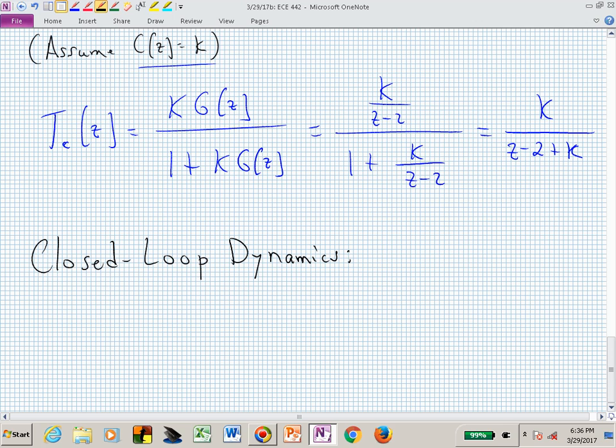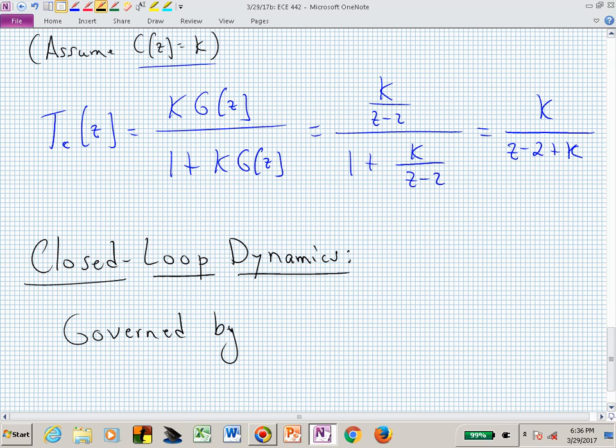What do I mean by that? What's governing the closed loop dynamics? Or am I using words that you're not comfortable with? What are my closed loop dynamics in this capital T sub C of Z?